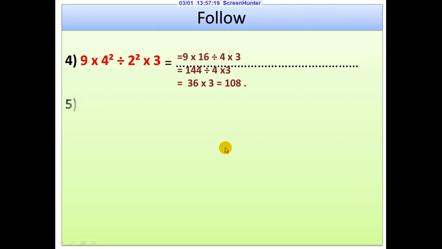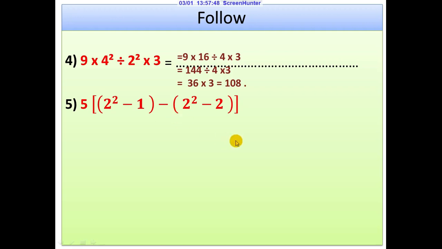Let's see number 5. We have 5 times big brackets, inside it small brackets 2 raised to power 2 minus 1, close the brackets, minus again small brackets, 2 raised to power 2 minus 2, close the small brackets and close the big brackets. What must we do first? First we must do the power inside the small brackets.